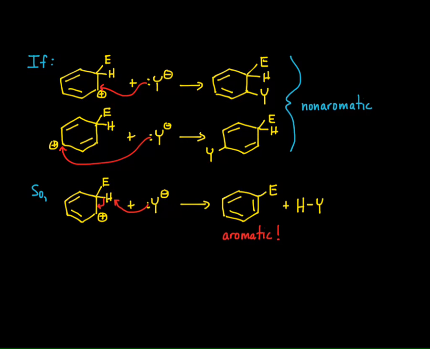So I'm going from initially benzene, an aromatic compound, through a cyclohexadienyl non-aromatic carbocation intermediate to an aromatic system. And so we see that this last reaction is the mechanism that takes place instead of the previous two reactions. And so we're forming this aromatic system, and of course you notice HY is formed in the process.